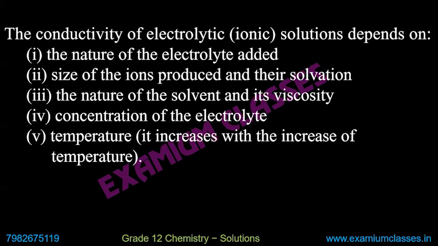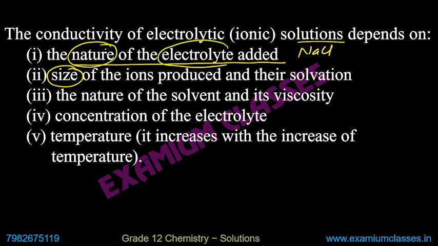The conductivity of electrolytic solutions depends on many factors. The nature of the electrolyte added, for example, whether we are adding NaCl or KCl or something else, Mg(OH)2. Size of the ions.